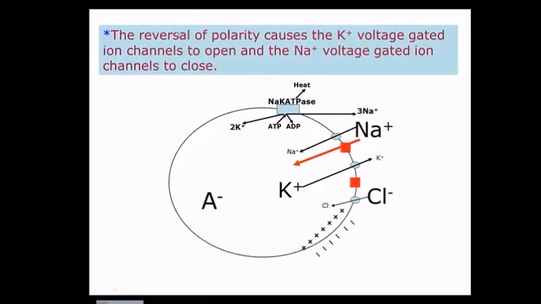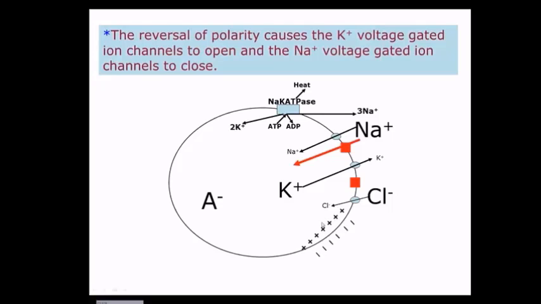So the reversal of polarity causes potassium voltage-gated ion channels to open and the sodium voltage-gated ion channels to close. What does that mean? That means when we depolarize, we have to put the cell back in its normal state of affairs. That is, at rest, it's negative inside and positive outside. So we have to go back to that so we can fire another action potential. Okay?